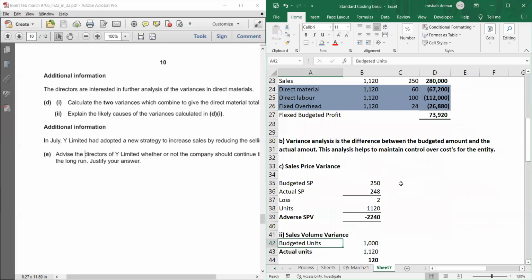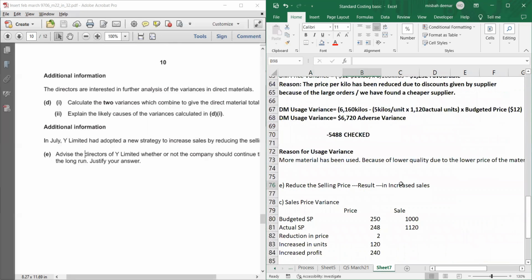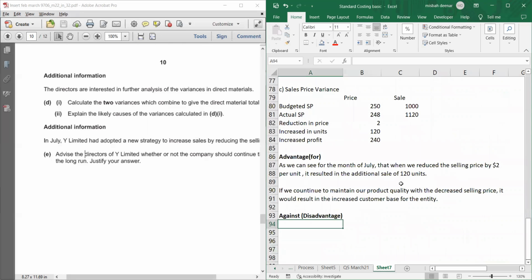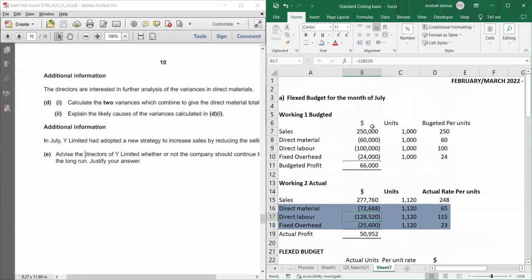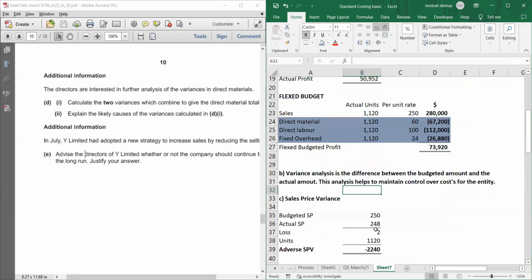The reason is due to higher costs. See, the direct material cost has increased, the direct labor cost has increased, and the fixed overheads have also increased.